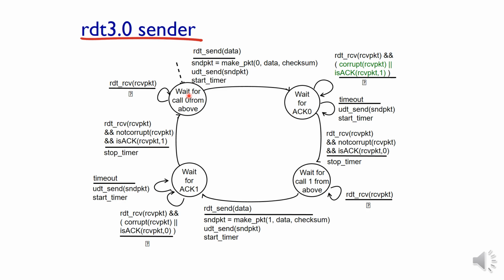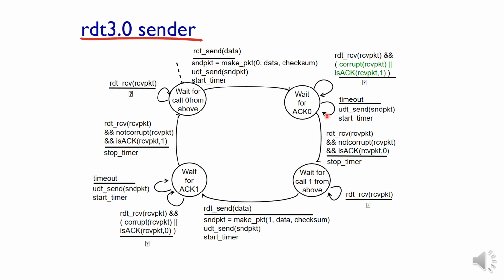Packet is sent, acknowledgement is properly arrived, the timer is stopped, then again the next packet is sent, waiting for the acknowledgement, and the acknowledgement is received properly: not corrupted, and the expected acknowledgement. At that time the timer stops and it enters into the next state. So this is the positive scenario.